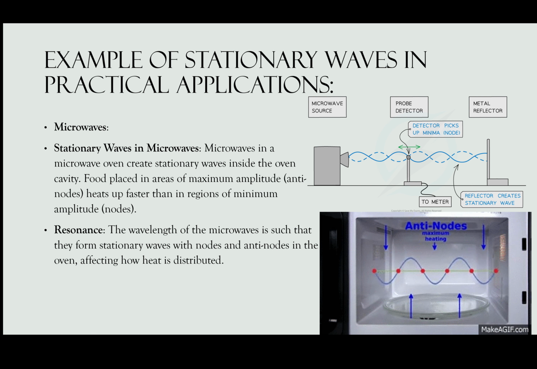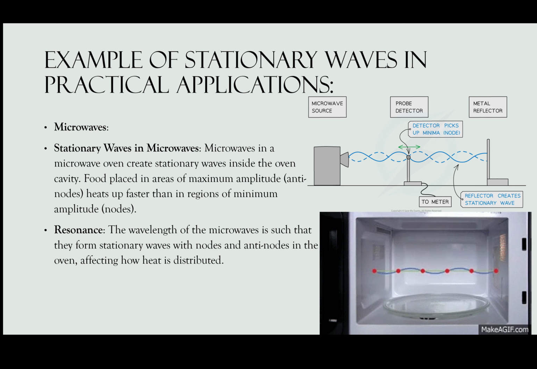The sections that heat up are at the antinode, the maximum amplitude of the standing wave, while the parts of the food that are still cold are actually at the nodes, where the amplitude is 0. So in order to counteract that, microwaves cause the food to spin so that it can pass through the antinodes and heat up. Everything has a scientific explanation.